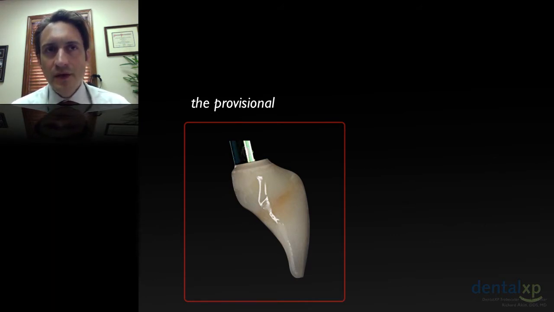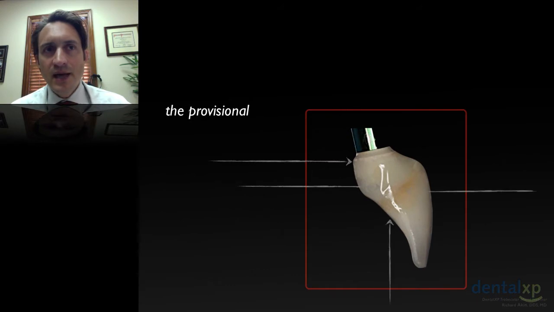But some of these other factors may not be really forefront in our mind when we provisionalize, especially when it comes to surgeons providing this. When I look at my provisionals closely, I look at these areas.